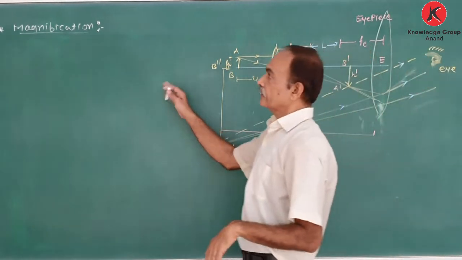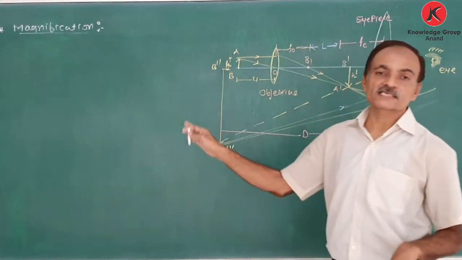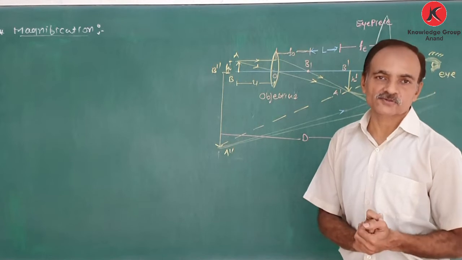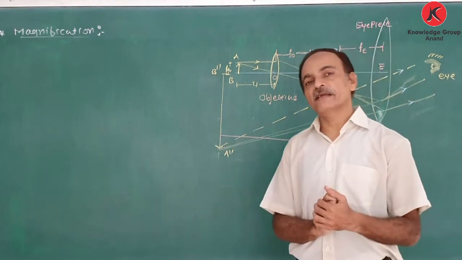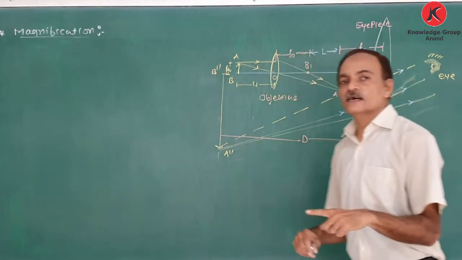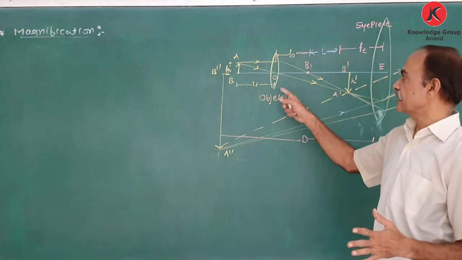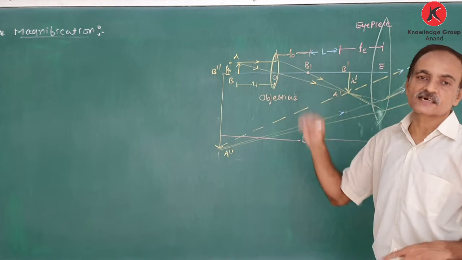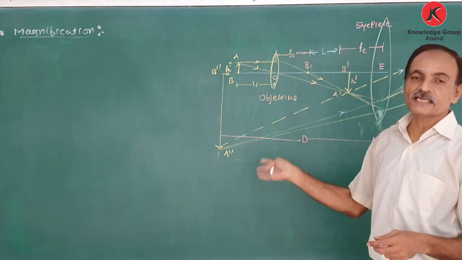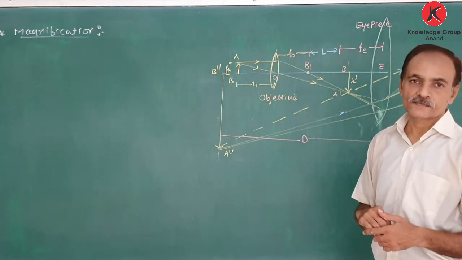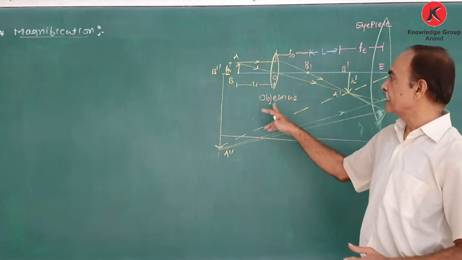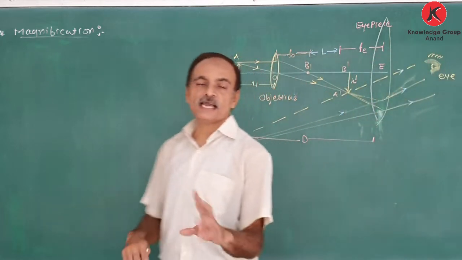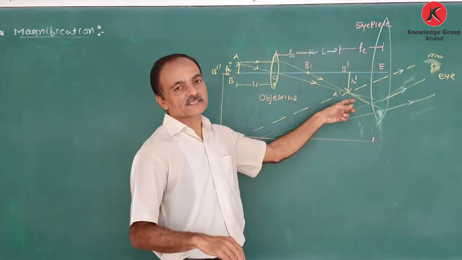Here, how to obtain the magnification? Because the final magnification is taking place due to the combined effect of the two lenses. One is the objective, the second is the eyepiece. Therefore, separately we have to obtain the magnification of the objective lens and the magnification of the eyepiece.